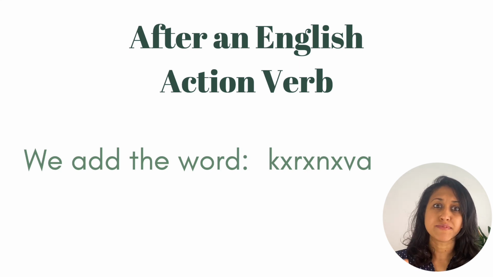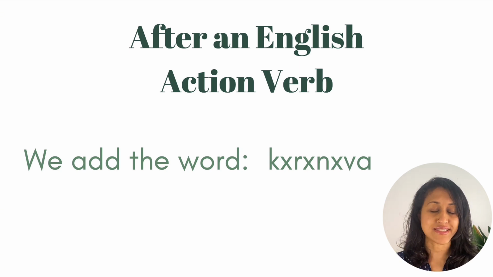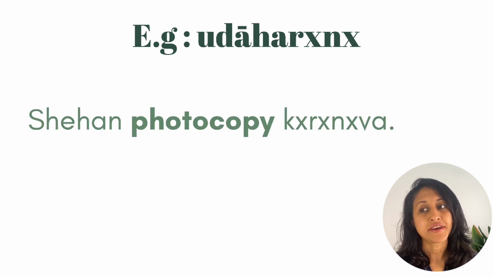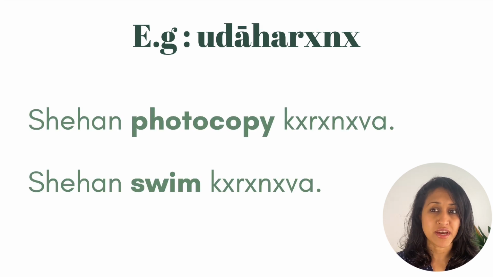Now, Sinhala verbs for these actions exist, but this is only when you don't know and you're getting started. It might work, it might not work, because sometimes some English words are not prevalently used in Sinhala. Here are some examples. Shehan photocopy karanava, Shehan swim karanava.